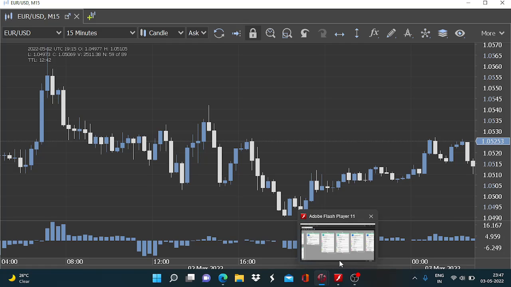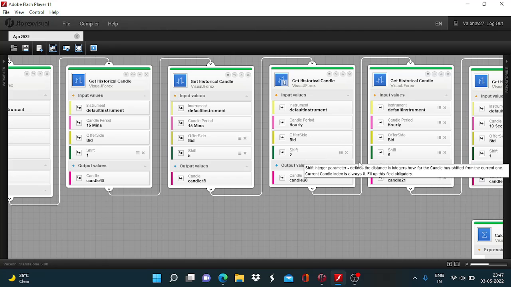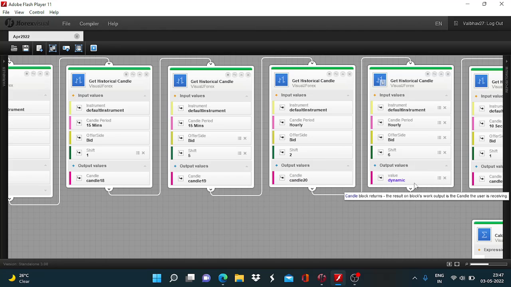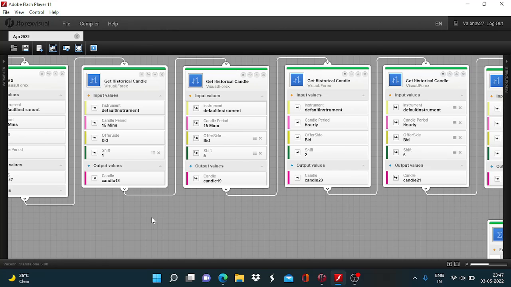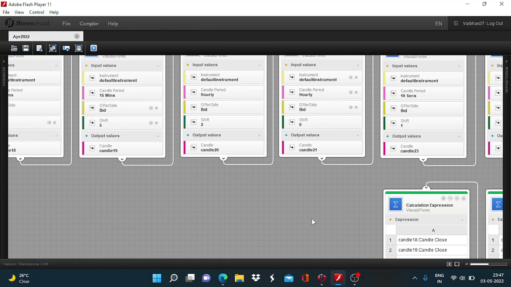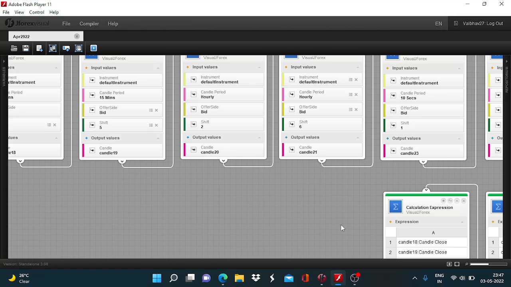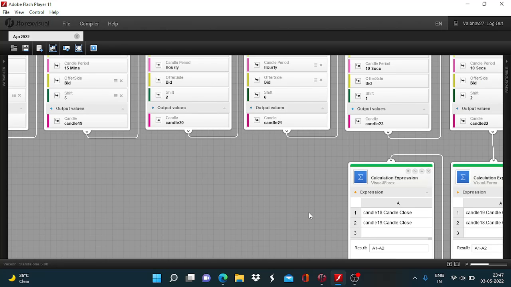So for that, we had added these hourly blocks in place, and here we will compare the difference between the closing value of candle 20 and candle 21, and it should be at least more than 8 times of the difference between the closing values of the candle 18 and candle 19. All right, so that will ensure that prior to the consolidation over last 1 hour there was substantial move, and it might be now the time to reverse the course for the underlying instrument, and that is when we will be looking to initiate the trade.